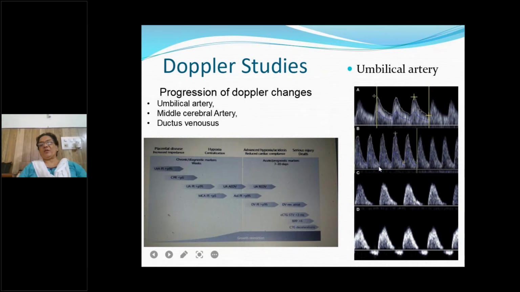So there is a reduction of diastolic flow. If there is further reduction of blood flow, what will happen? Systolic flow will still occur because the pressures are high, but there will not be any diastolic flow. That is the absence of diastolic flow. And if there is further reduction in the blood flow, there will be a reversal, which we see as reversal of flow.